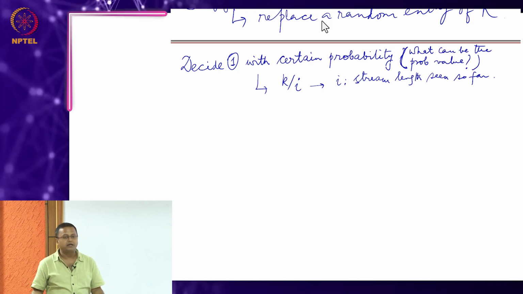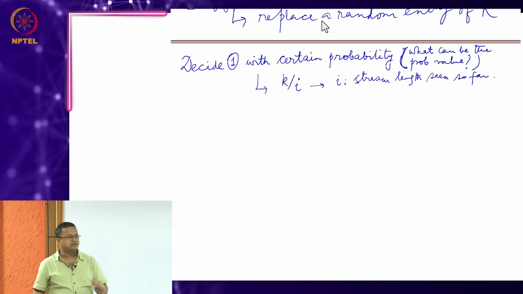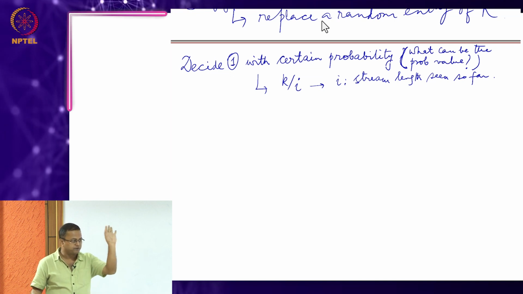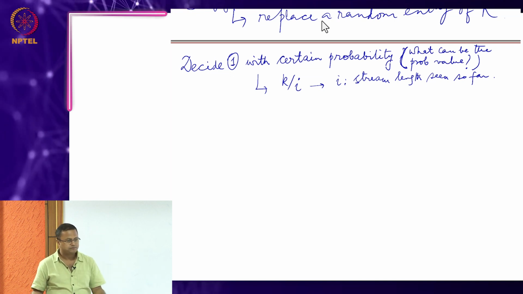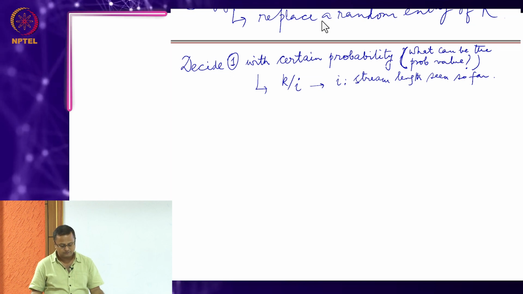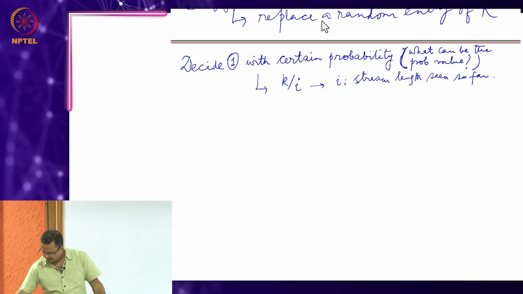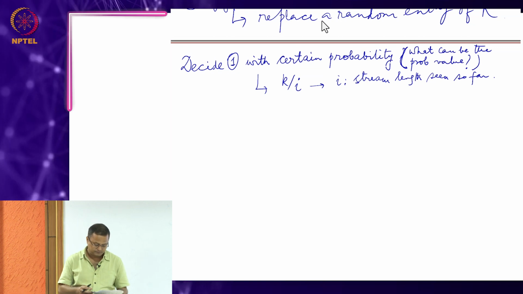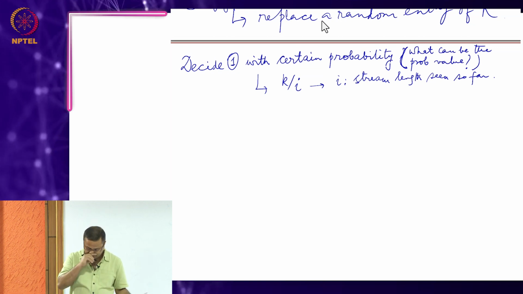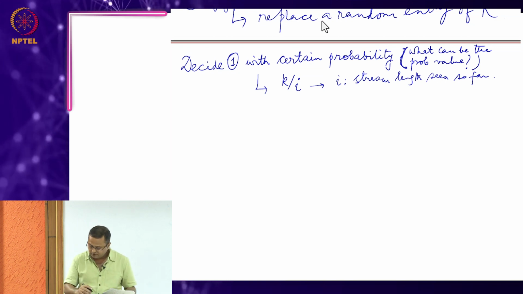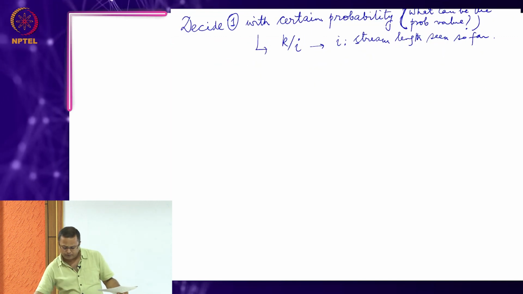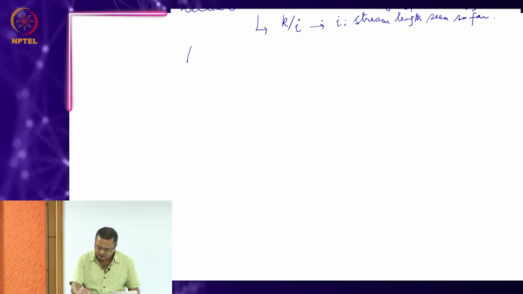So the variability I bring in through the stream length. The numerator stays fixed at k. Okay. So my algorithm is as follows, a pretty simple algorithm, we will then analyze it.